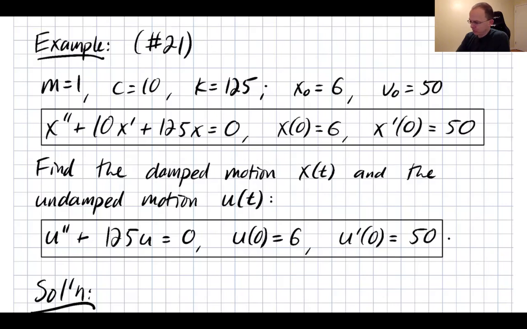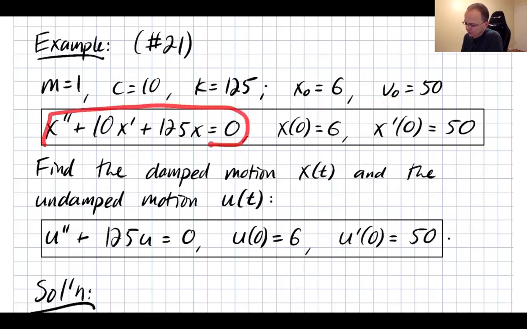The parameters that we'll use are a mass of 1, a damping coefficient of 10, and a spring coefficient of 125. The initial position will be 6 to the right, and the initial velocity will be plus 50. So we're shoving it to the right quite quickly.